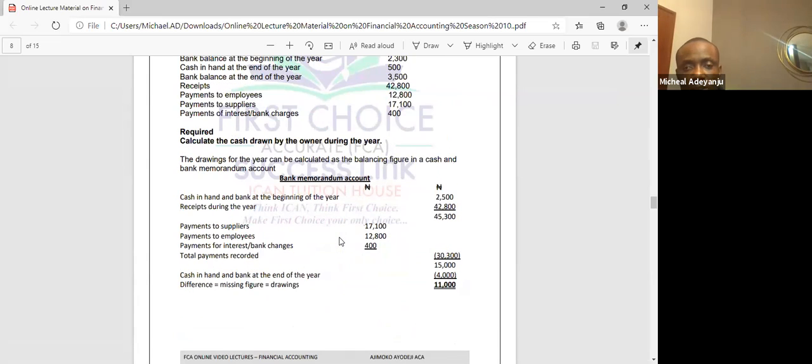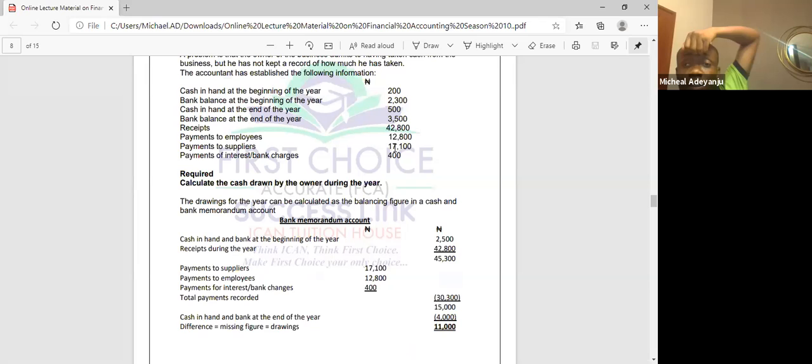So in determining this, your cash at hand at the beginning of the year is 2,005. You received 42,800 worth of cash. So it is expected that the amount in your bank account should be 45,300. However, out of this 45,300, you made some payment to suppliers, employees, and bank charges of 30,300 altogether. By the time you less them, you have 15,000.